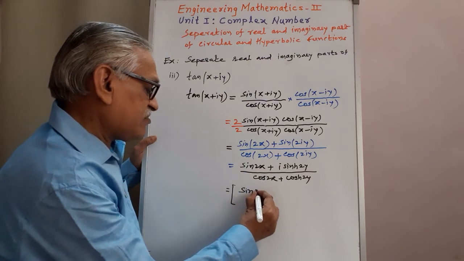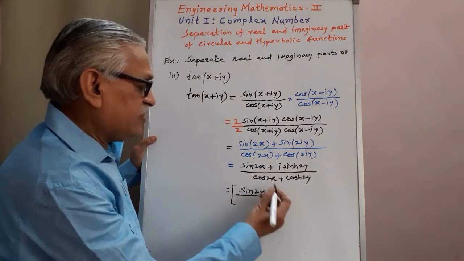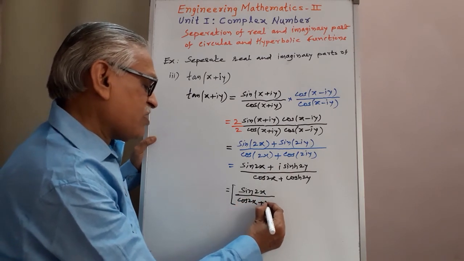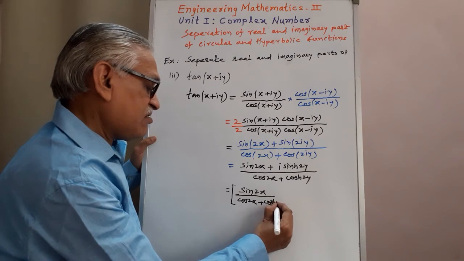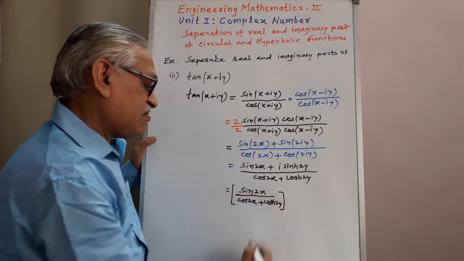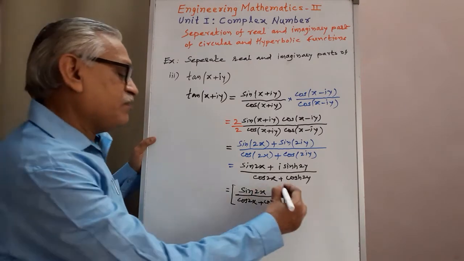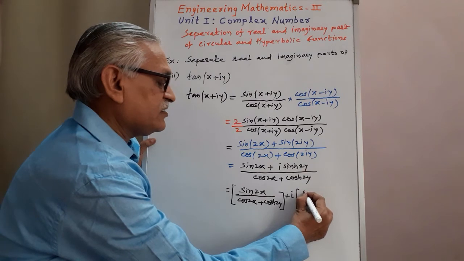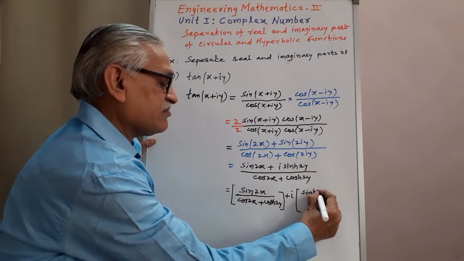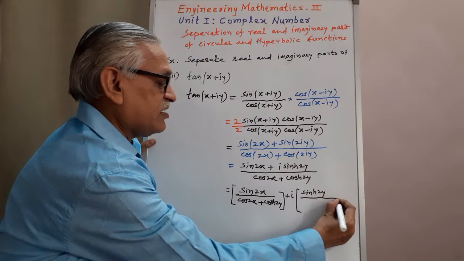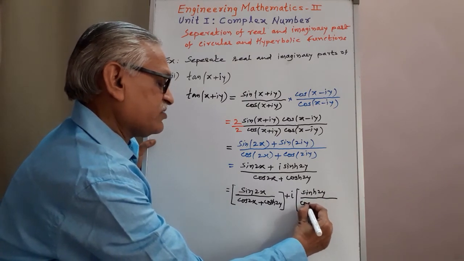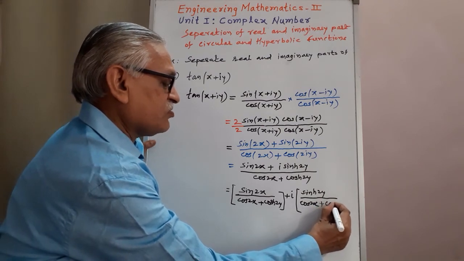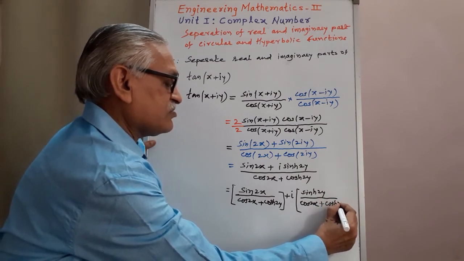Taking separate division, we get the real part as sin 2x divided by cos of 2x plus cos h 2y as a real part, plus I times imaginary part is sin h 2y divided by cos 2x plus cos h 2y.